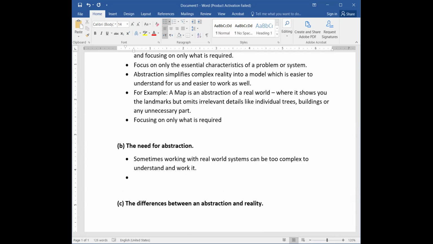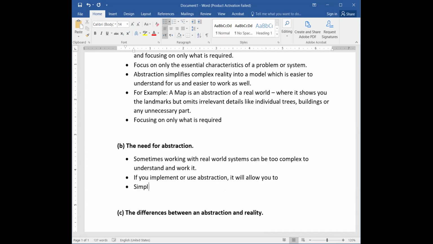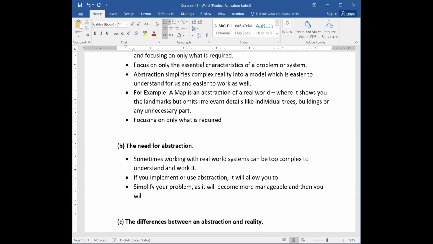The need for abstraction is that if you implement or use abstraction, it will allow you to simplify your problem as it will become more manageable, and then you will be able to understand, work in teams, or manage it efficiently, right?